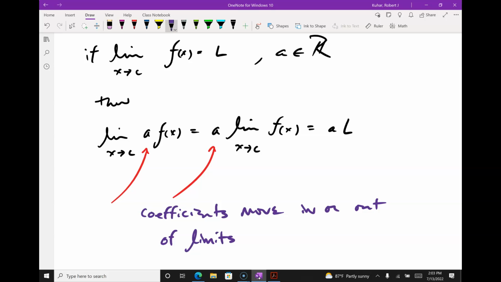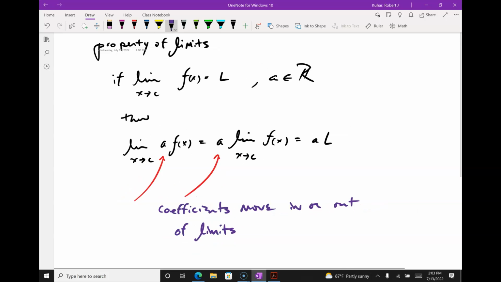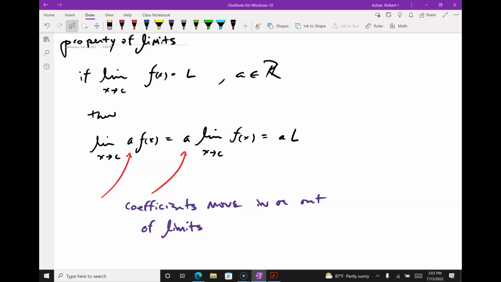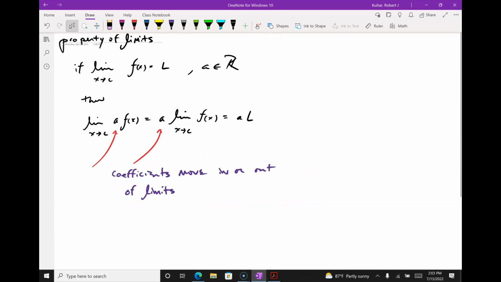So all A is doing is moving my function up. Multiplying by some number will move it up or move it down or whatever.